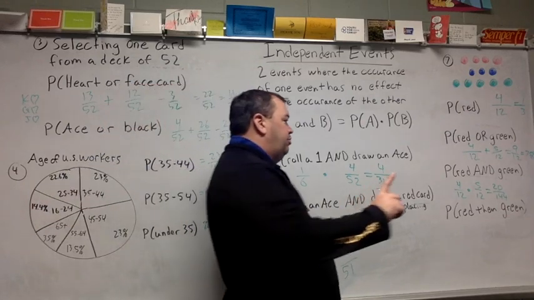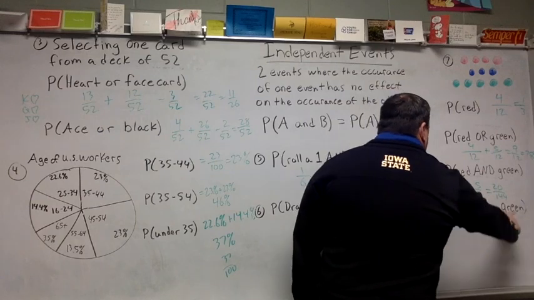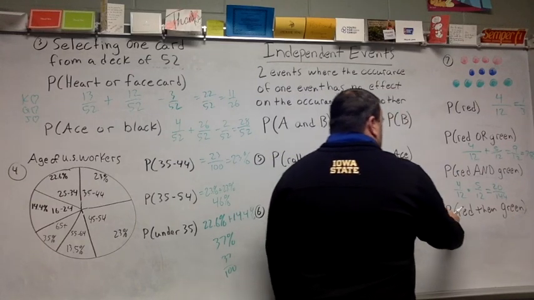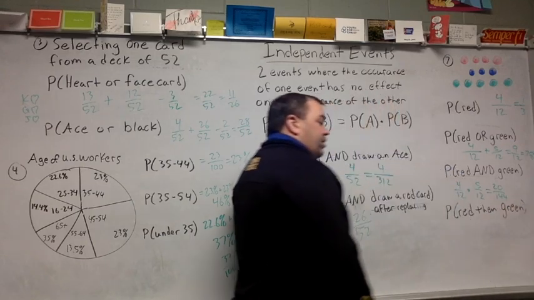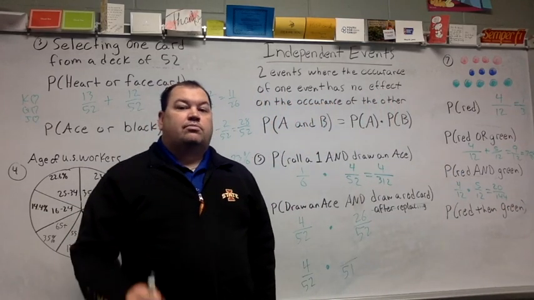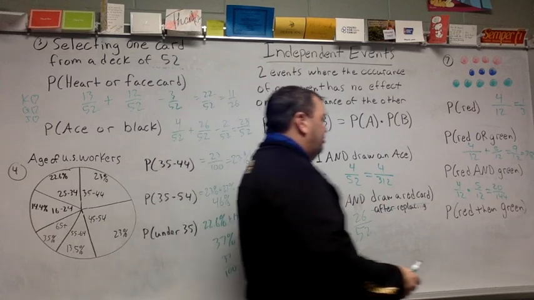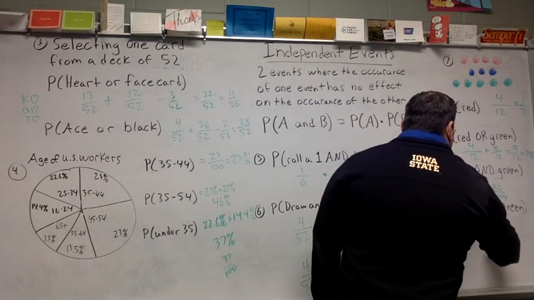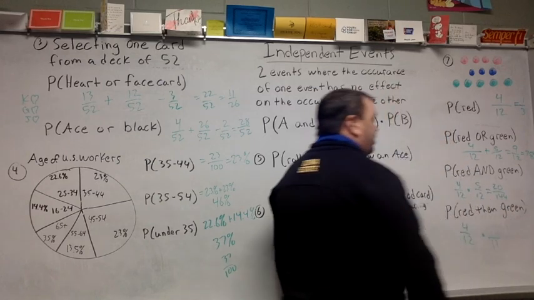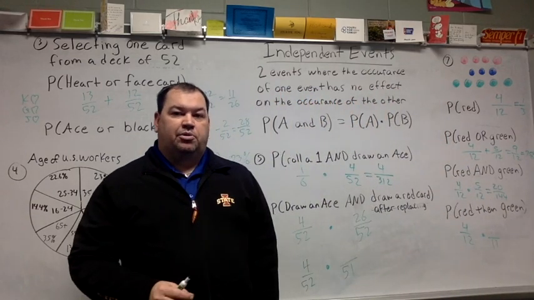If I didn't replace my first marble, it might read like this. What's the probability of drawing a red and then drawing a green without replacing? So now I have to think about my red marbles are still 4 out of 12, but my green marbles are only out of 11 because there is 1 less marble.